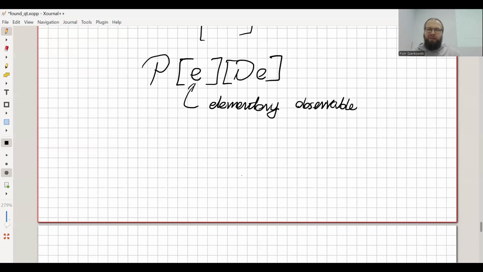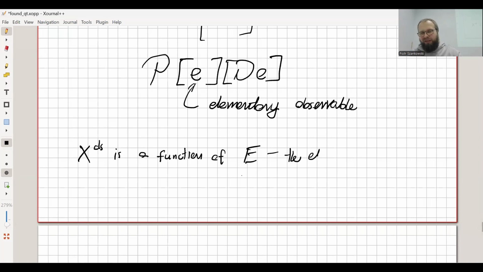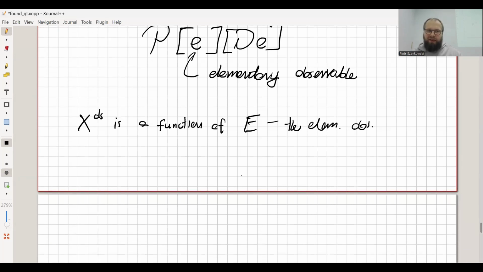So if some arbitrary observable X classical is a function of E, the elementary observable, then the probability, so this joint, multi-time probability distribution, would have to have the following form.